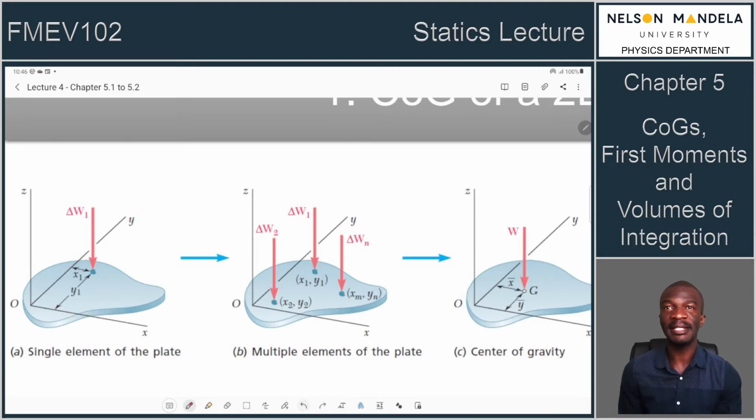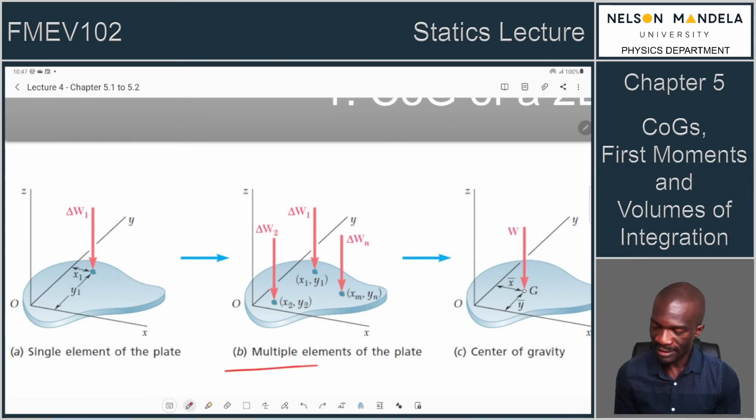So it is a plate in 2 dimensions of some thickness, which we can approximate to be equal to 0. So any particle on this object is located at its x, y location. Remember, we're looking at 2D. So the small weight of that particle is given by delta weight 1.